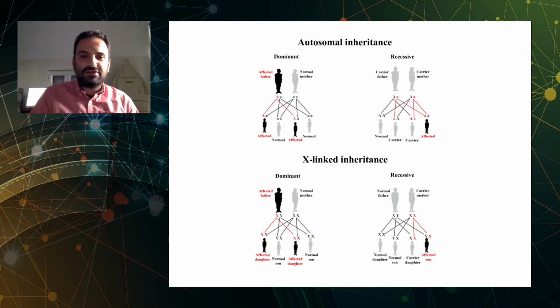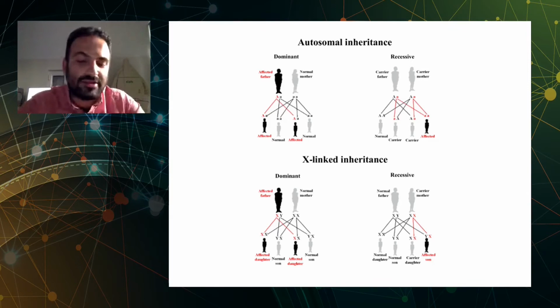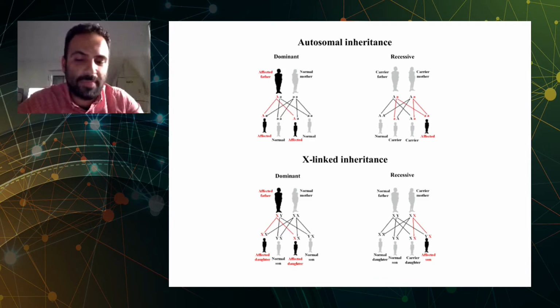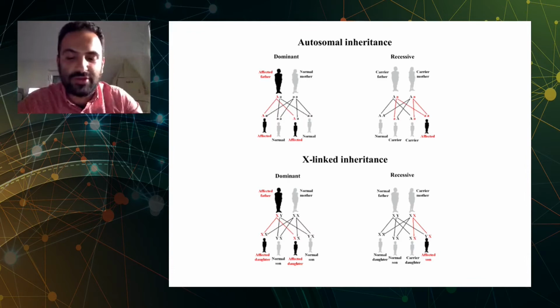There is also X-linked inheritance, and in this case, the mutation is found in a gene from the X chromosome. And in this case, if the mother is a carrier of the mutation, she has two X chromosomes, so she will not have the disease in general, but she can transmit it to the children, and mostly to the boys.